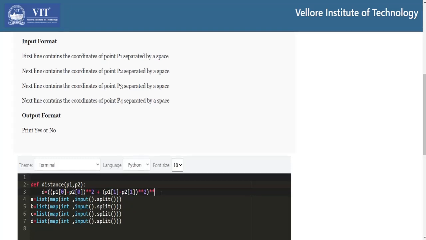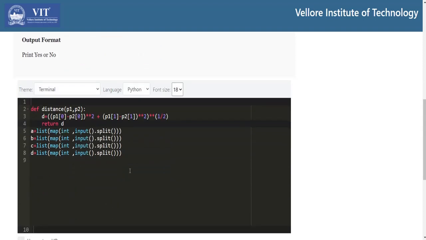For finding the square root of this value, I'm going to put it to the power of 1 by 2. So this is the complete formula to calculate the distance between two points, and now I'm going to return d. But first of all, let's check whether our formula is correct or not.